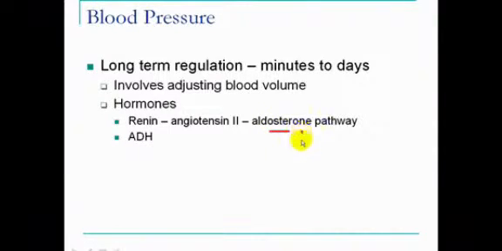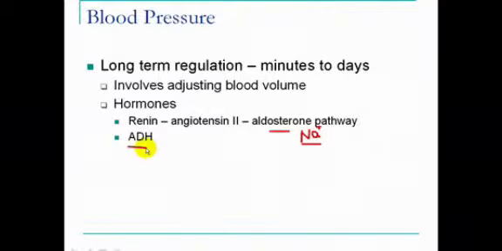Aldosterone increases sodium reabsorption in the kidneys, right? And if you reabsorb sodium, what follows it? Water. So if you're reabsorbing sodium, you're reabsorbing water, therefore you're increasing blood volume. And then remember, ADH directly is involved in the reabsorption of just water. So those two hormones will increase blood volume, therefore increase blood pressure.